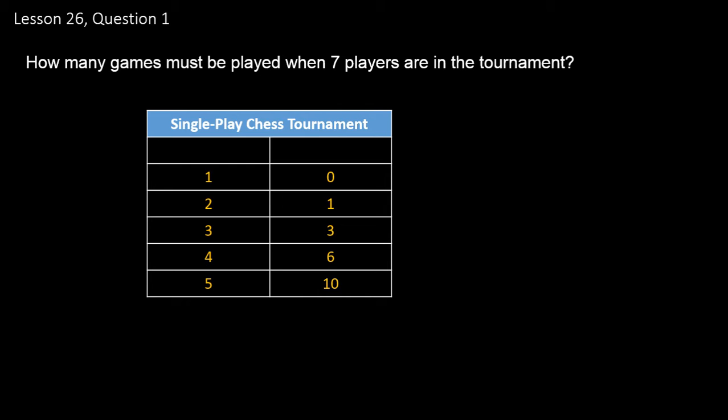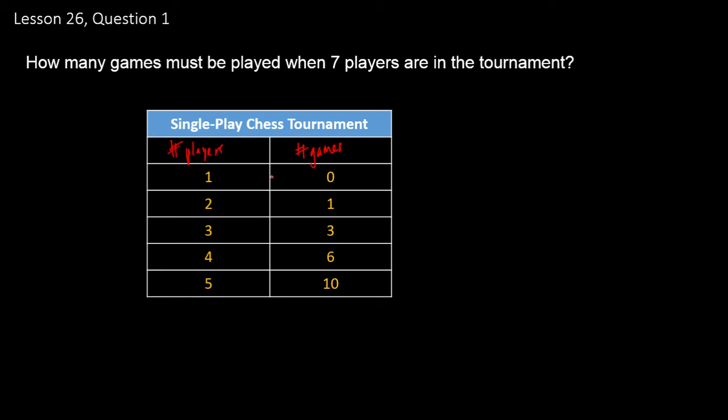So imagine that Ronnie has made a table that outlines how many people are in the tournament and how many games must be played so that each person plays every other person one time. So this column represents the number of players, and this column represents the number of games.